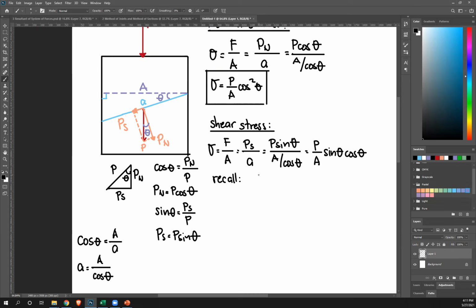identities, double angle identity, sine 2 theta equals, can anybody give me what is sine 2 theta? Anybody remember this identity?